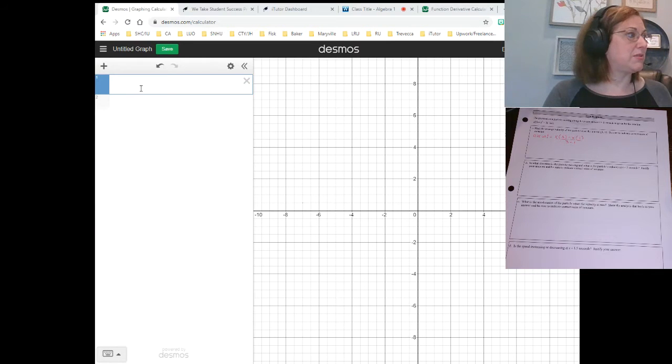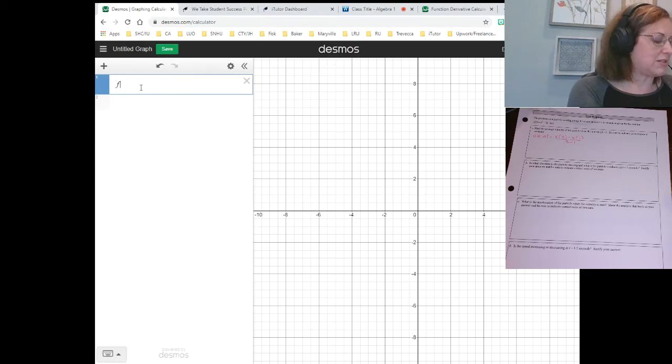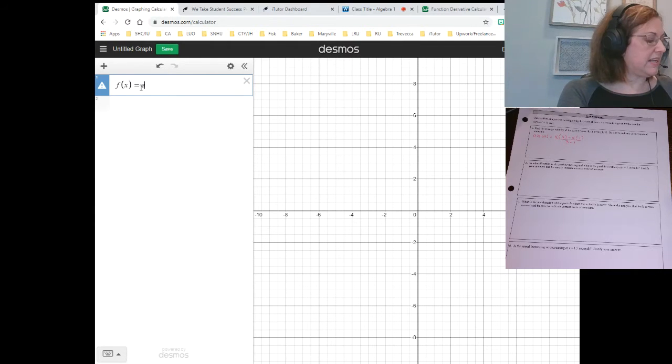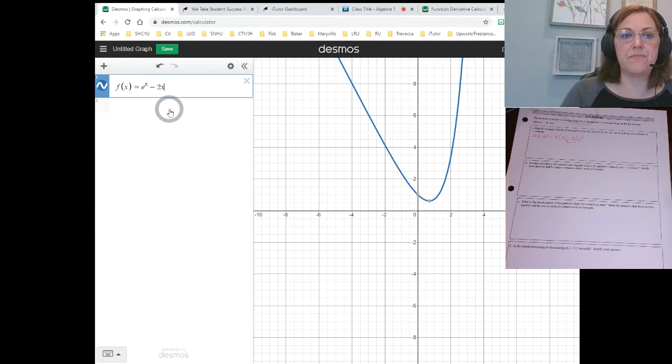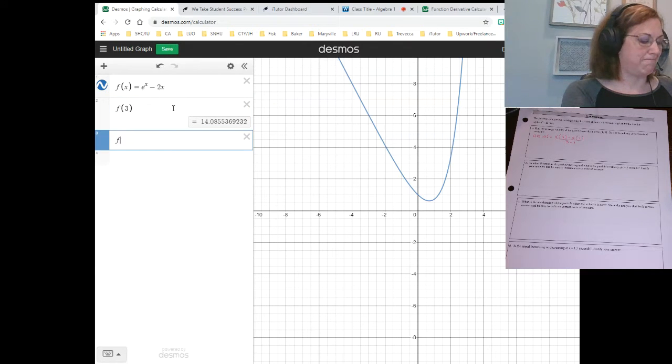I'm going to put in the position equation. Now, Desmos doesn't understand having t as the variable, so I'm going to say that f of x is e to the x minus 2x, because it's the position. And one thing I love about Desmos is you can just ask it for the values you need.